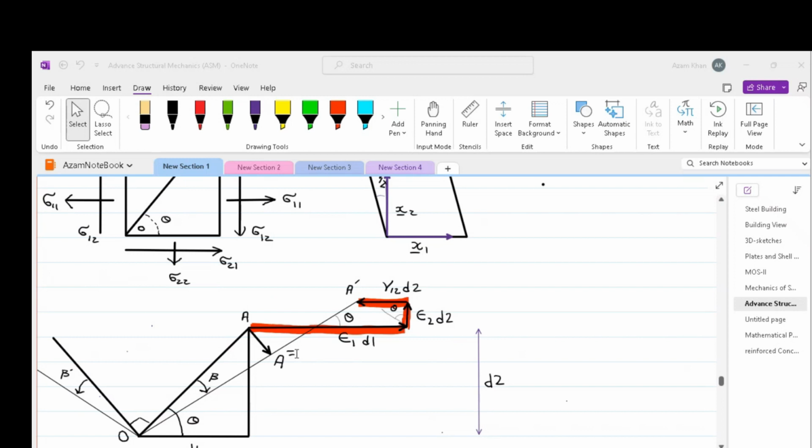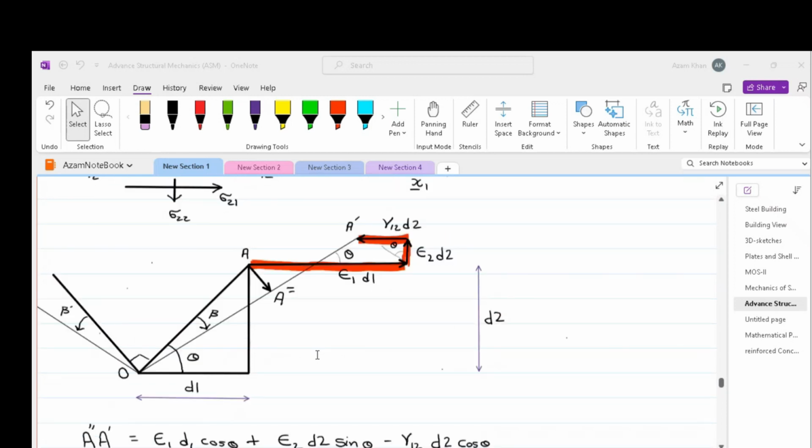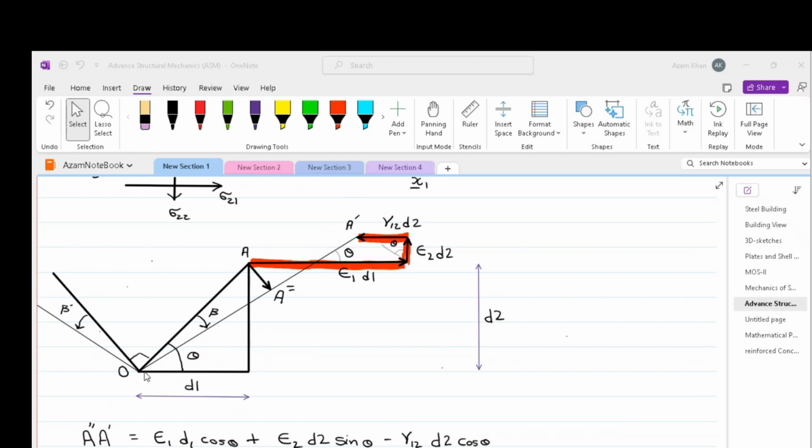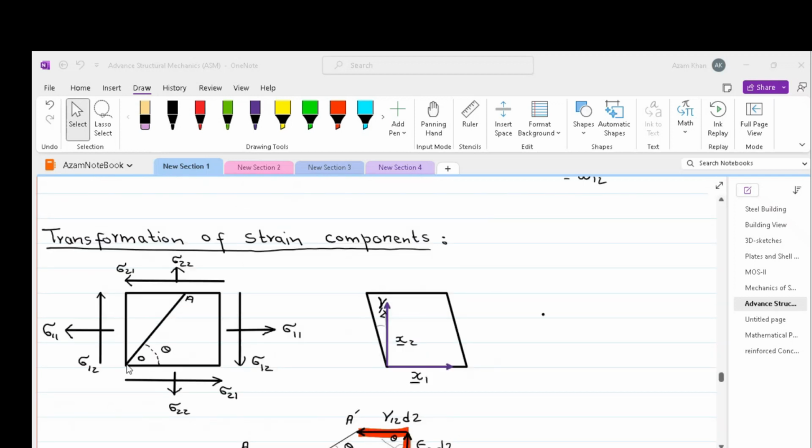Horizontally, A has moved by strain 1 times D1, where D1 is the horizontal dimension of this element, and vertically the dimension is D2.